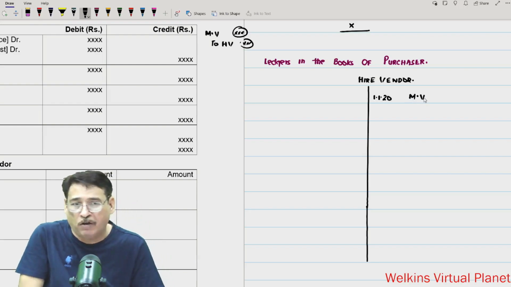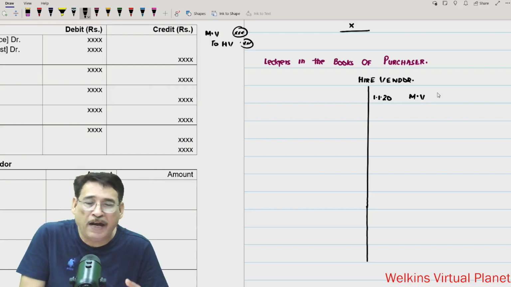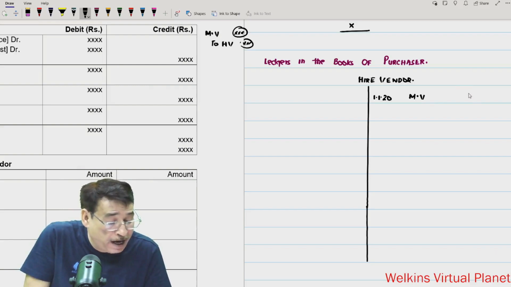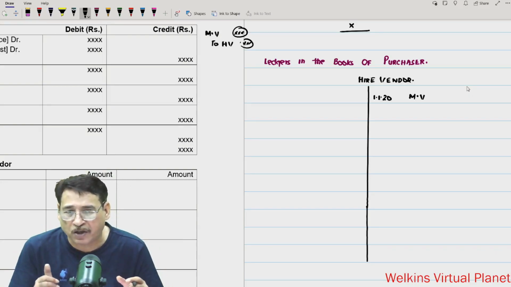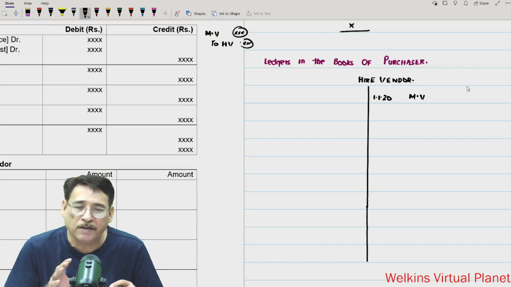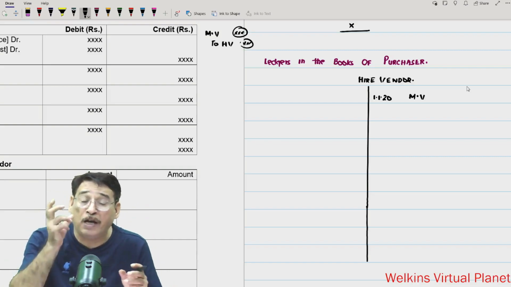This is MV, motor vehicle account. Now the next question is, at what price it should be recorded? It should be recorded at cost price logically, because accounting standard AS10, which deals with fixed asset or property, plant and equipment, simply states that all the assets must be recorded at cost price.